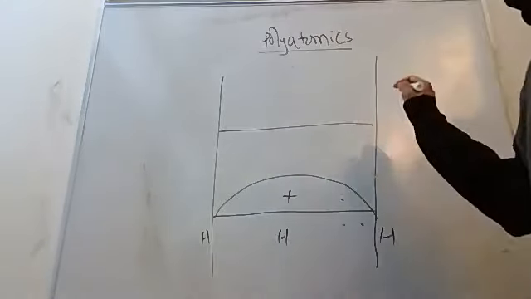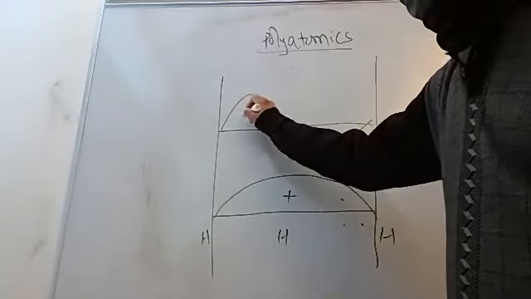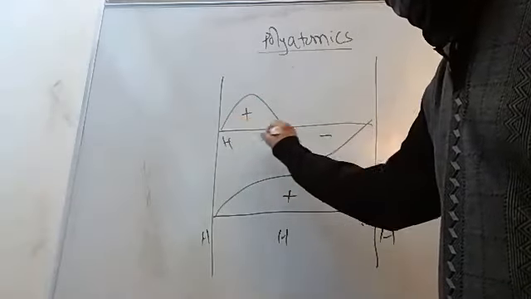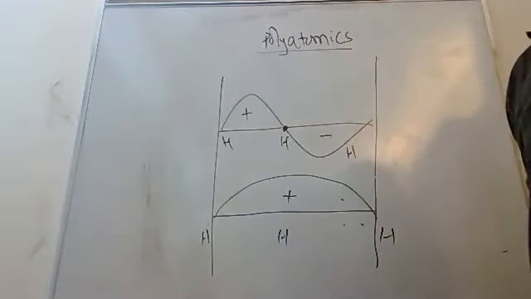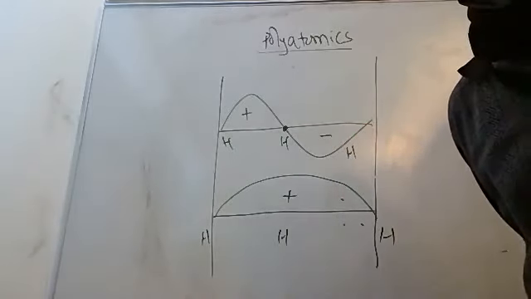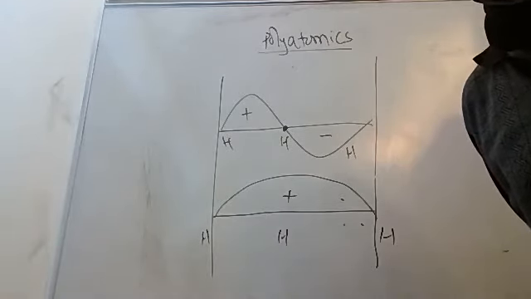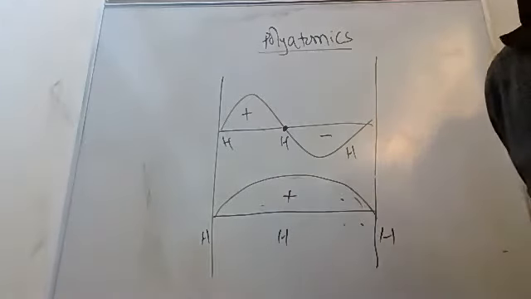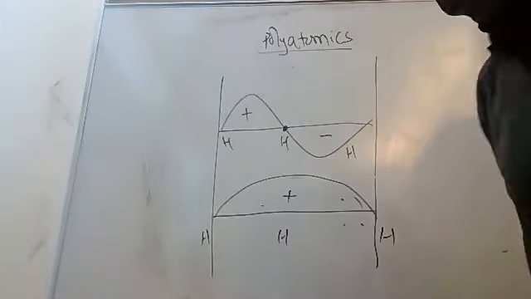In the next one, we have a plus, a minus. So this hydrogen is plus, this hydrogen is non-bonding, and this hydrogen is minus. Now, in the first, the wave function is positive everywhere, and it is not 0 in the middle. But here, the wave function is 0 in the middle.